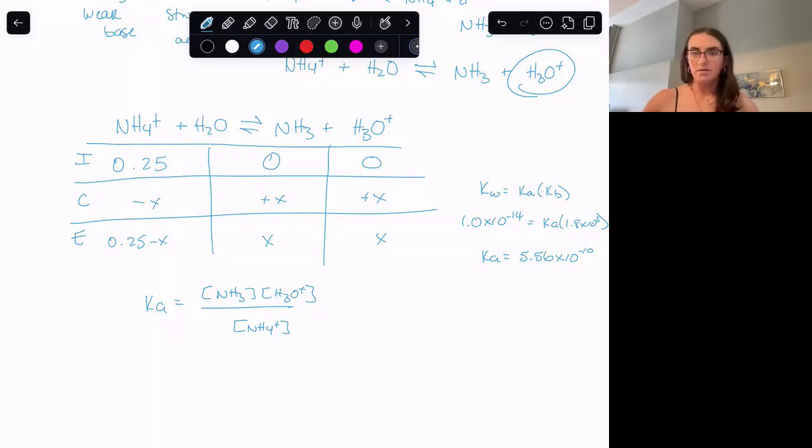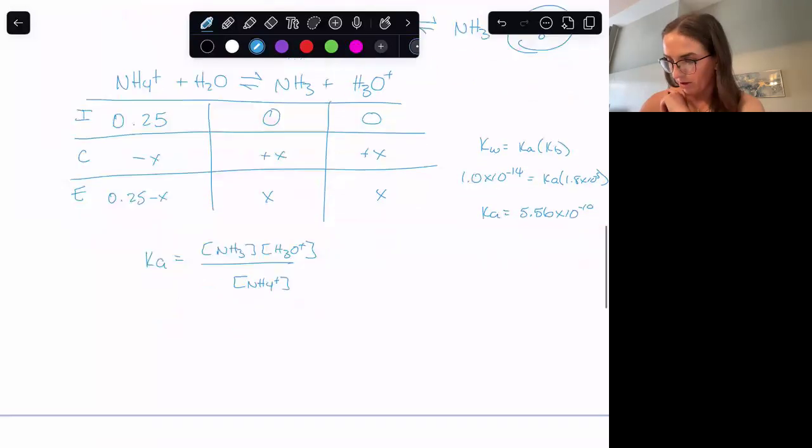Any questions on how we got to Ka or why we need to use Ka? Big silence, that's a no. Okay, so now we have everything to plug into our Ka formula.